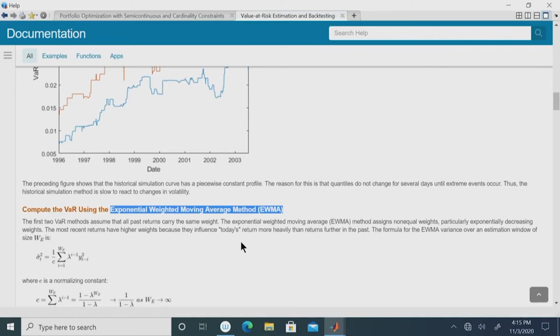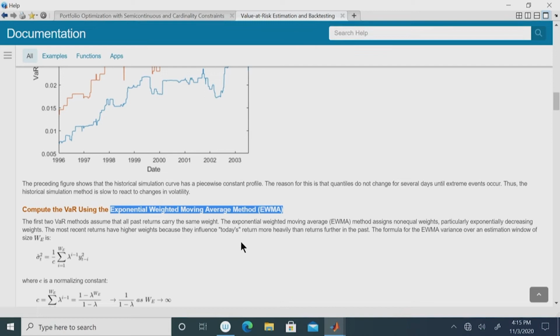However, the exponential weighted moving average intuitively offers a more improved and realistic approach to this. The reason why I say that this is more realistic is because the exponentially weighted moving average method assigns non-equal weights. And how do we assign these non-equal weights?